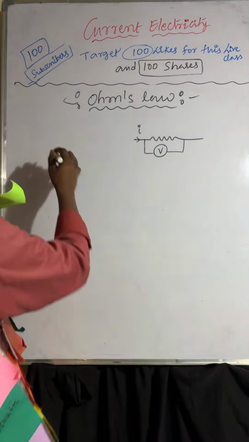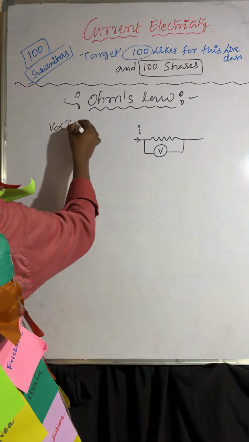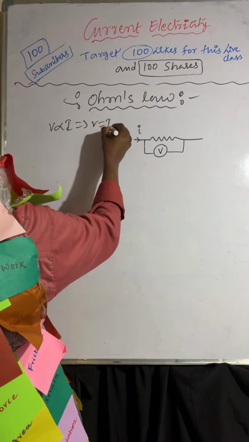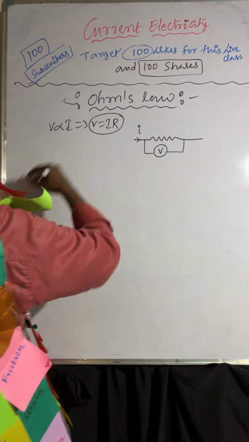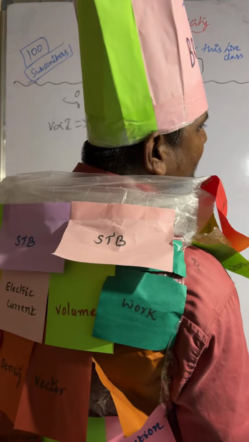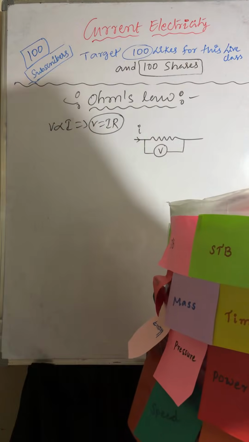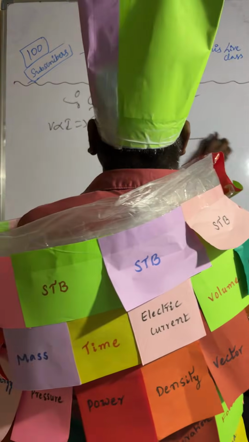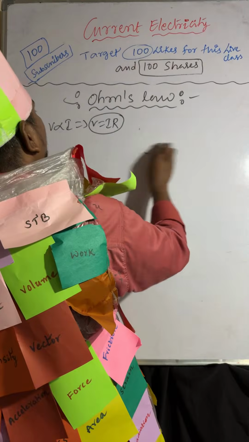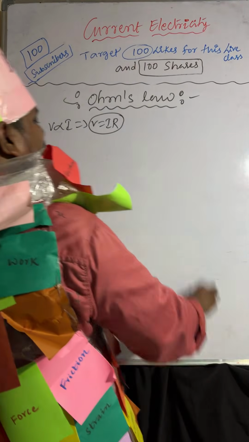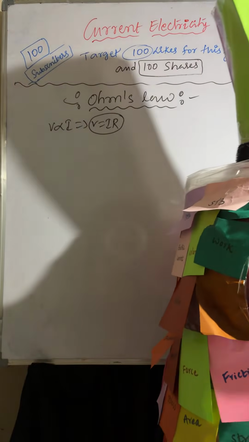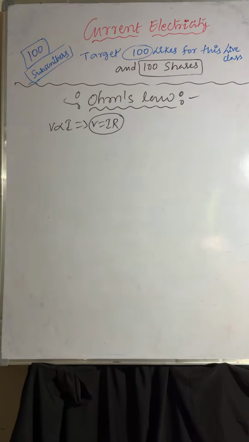So V is directly proportional to I, V equals IR, at a constant temperature and with physical conditions also the same. Understood or not?